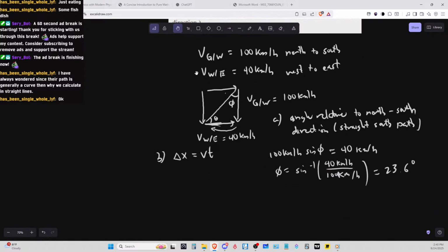Okay, so I think they assume that once we have all the parameters in check, we have to add this. So we have to do the equation: geese to the Earth is equal to geese to the wind plus the velocity of the wind to the Earth.